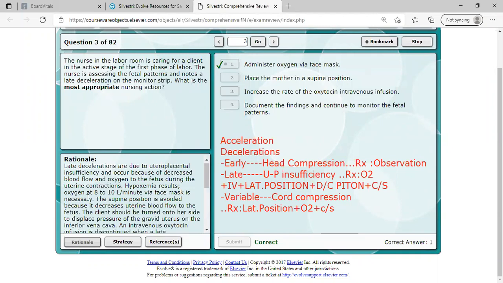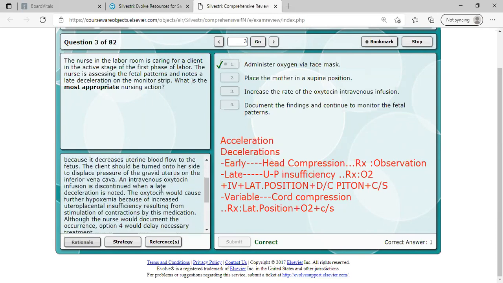Hypoxemia results, so oxygen at 8 to 10 liters per minute via face mask is necessary. Supine position is avoided because it decreases uterine blood flow to the fetus. The client should turn onto her side to displace the pressure of the gravid uterus on the inferior vena cava.